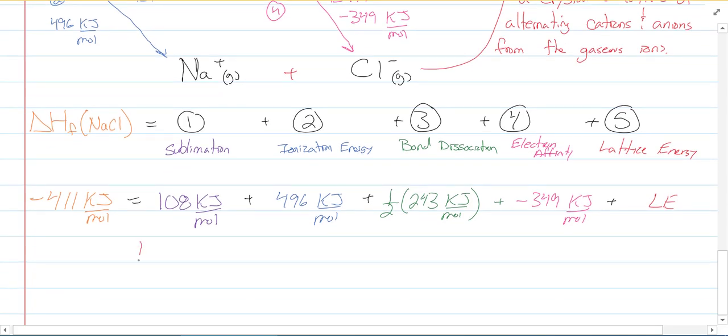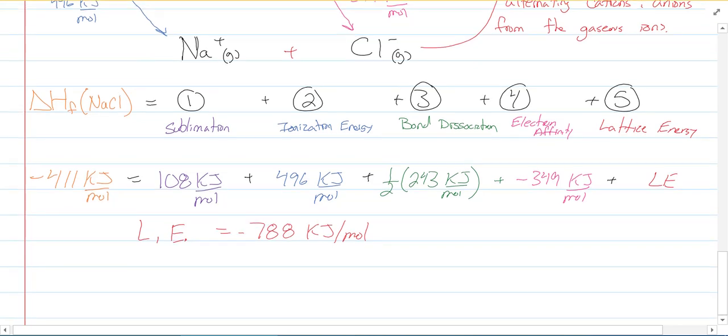So that means the lattice energy of NaCl is equal to negative 788 kilojoules per mole. And that's how much energy is released when sodium chloride forms from the lattice energy. Overall is negative 411. So lattice energy is pretty negative. It's pretty favorable. So why?